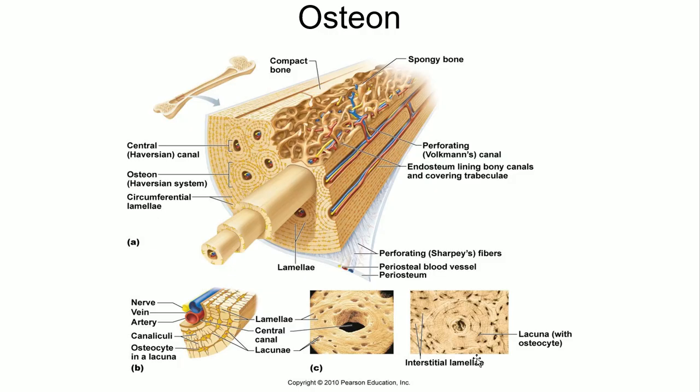So let's see. We also have these tiny little canals here, the canaliculi, and they actually connect each lamella, so they help everything communicate. They are connection pieces like our Volkmann's canals were, right? But they're the canaliculi between the lamella.